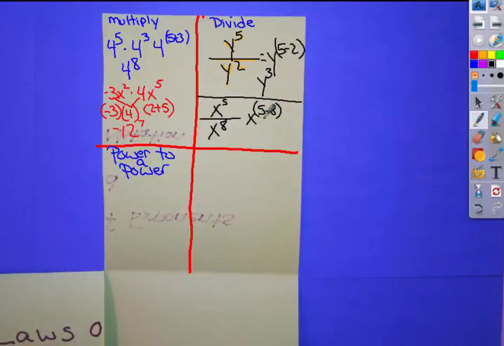Well, in that case, I would end up with x to the negative 3rd, because 5 minus 8 is negative 3. But in order to make that positive, remember, I have to use the reciprocal. So it's really going to be 1 over x cubed. Again, all this looks crazy, but really it's all the same. When I divide, I will subtract my exponents. When I multiply, I'm going to add them together.